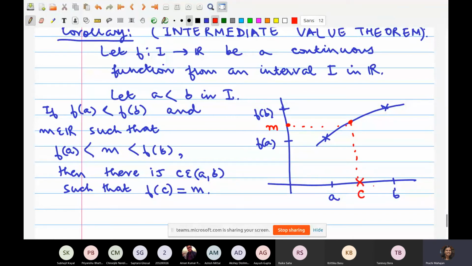This is the point c, f(c), and this is the point (a, f(a)), and this is the point (b, f(b)). This is perhaps very familiar to you, the intermediate value theorem. What are we trying to say?